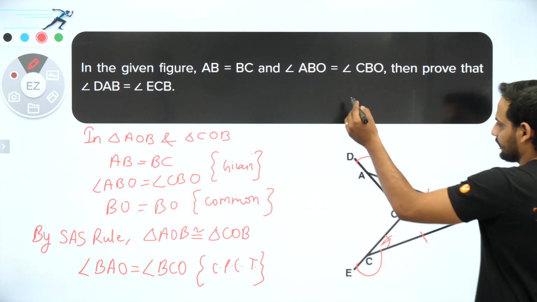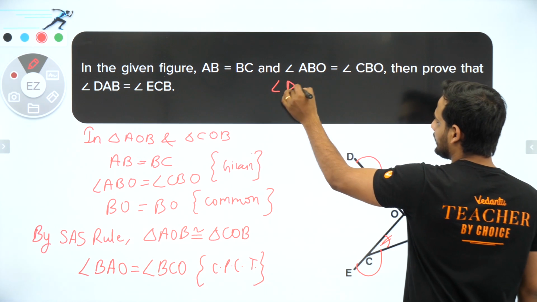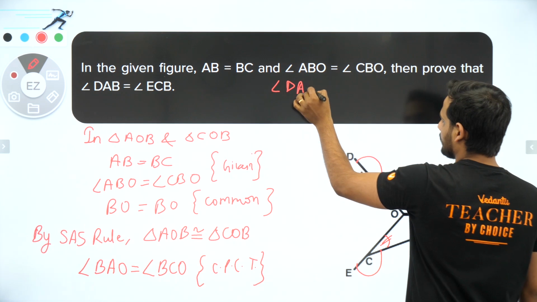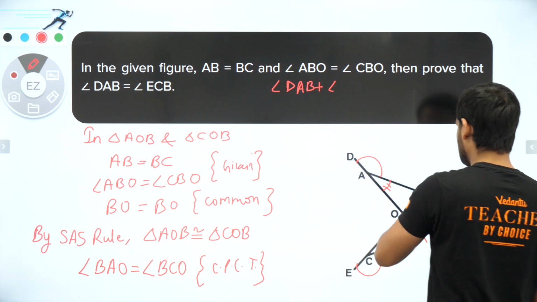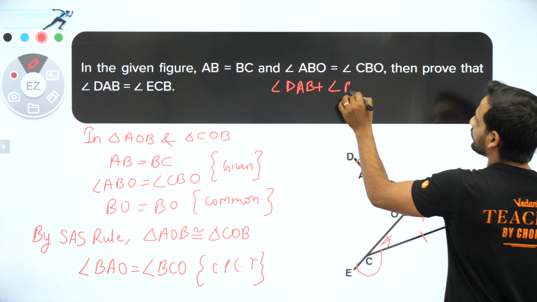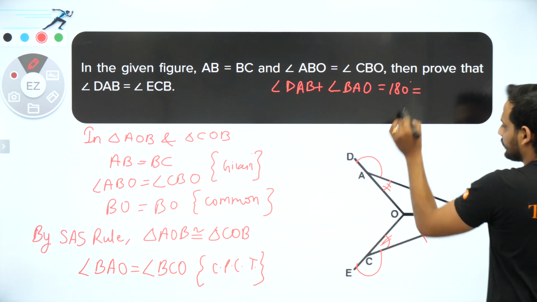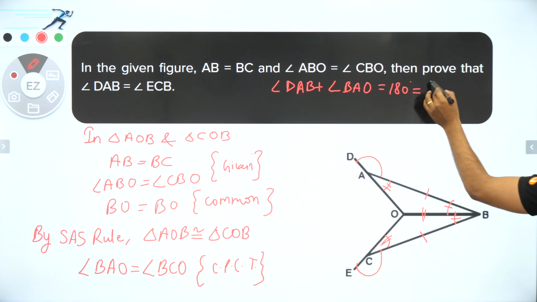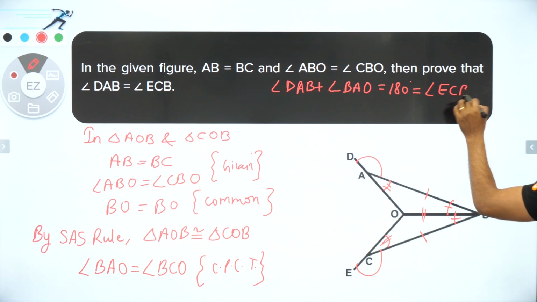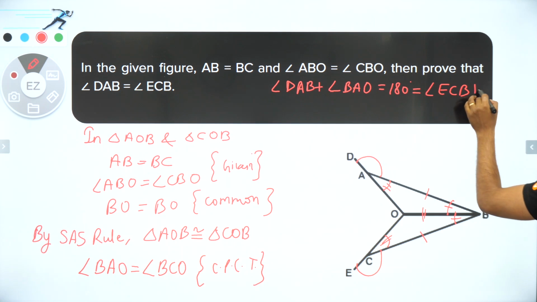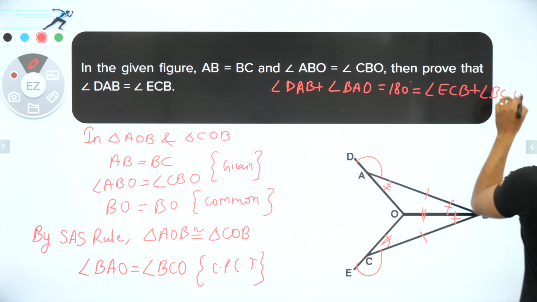Yes. So I will say, sir, angle DAB plus angle BAO is equal to 180 degrees, and also this pair is also 180 degrees, angle ECB plus angle BCO, this is also 180 degrees.